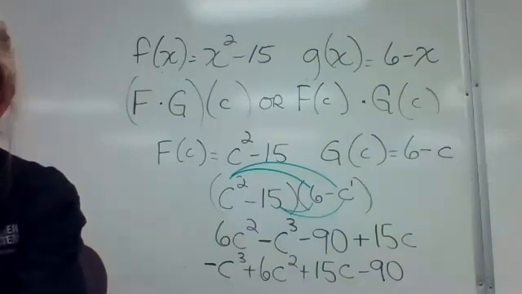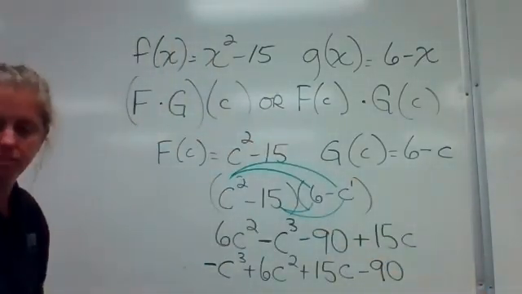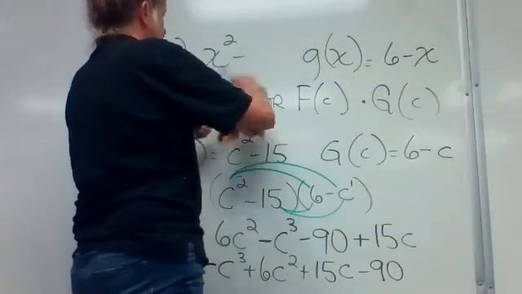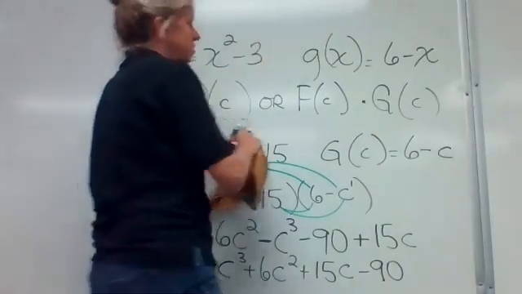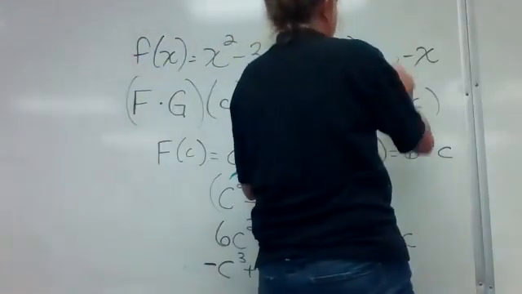All right, number 13. f of x is x squared minus 3. g of x is 1 minus x.